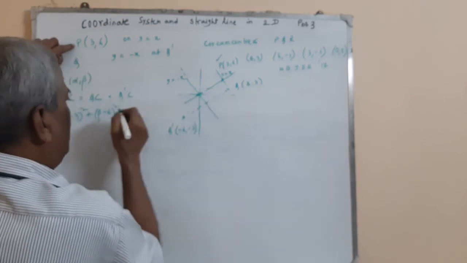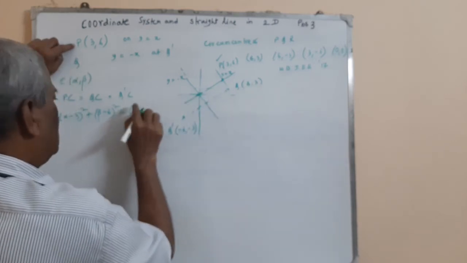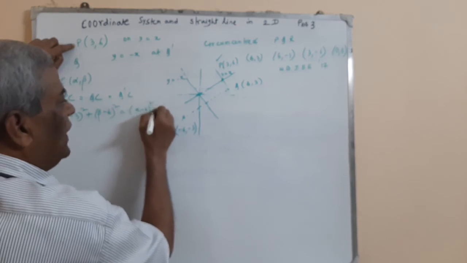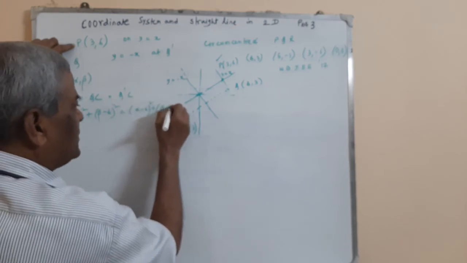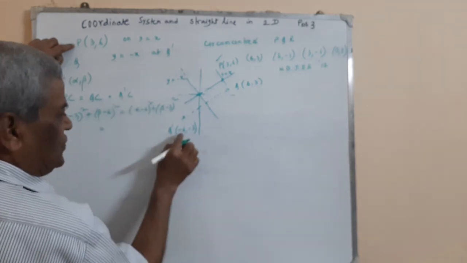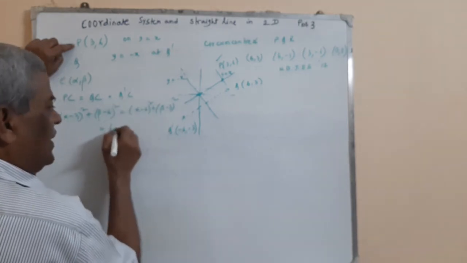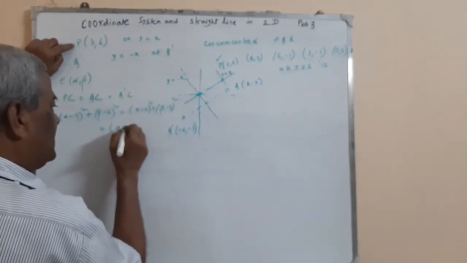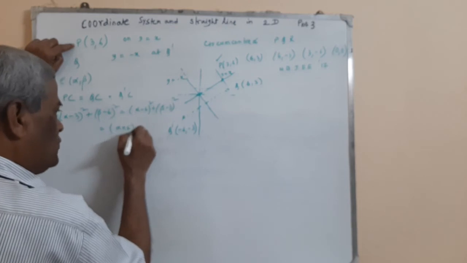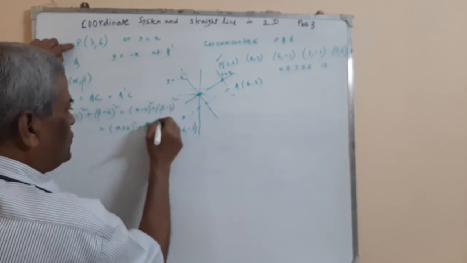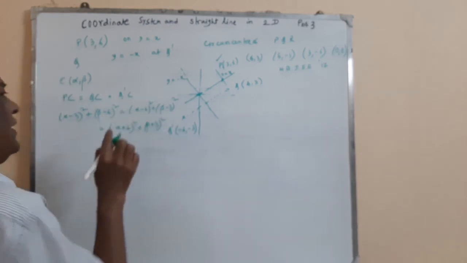Q means (6, 3), so it is (alpha - 6) whole square plus (beta - 3) whole square, equal to Q'C, which is (alpha + 6) whole square plus (beta + 3) whole square. They are equal.